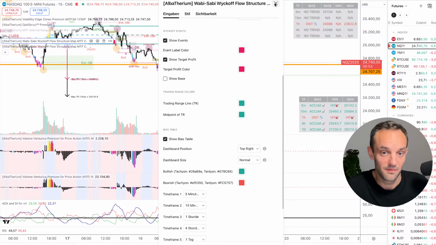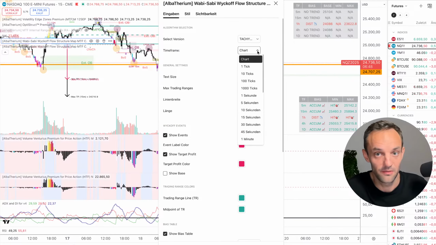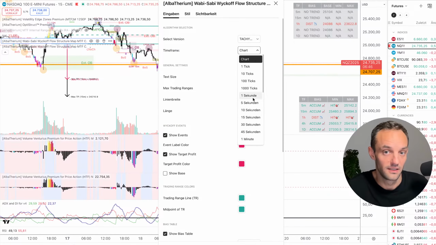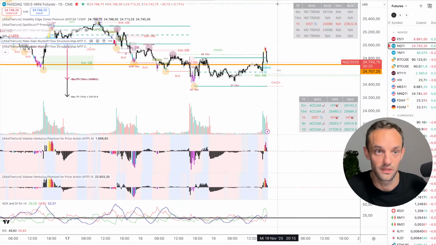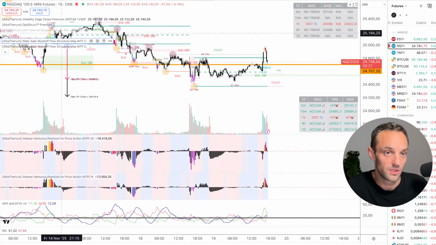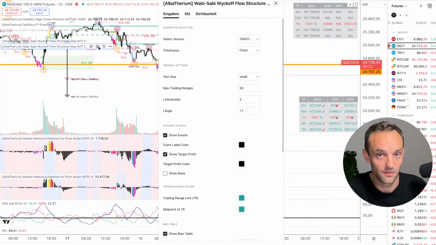Everything else is the same. Everything else is good and proper. Its time frame is chart. Of course, you can vary the time frame. You can display any other time frame also on your individual chart, if you like this. Then, of course, you can have the second version, same indicator with different settings.